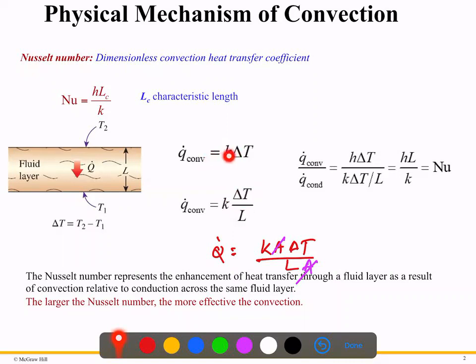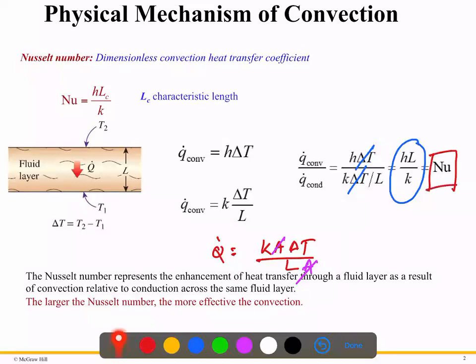Similarly for the convection, from the previous slide, you just calculate the ratio of convection and conduction. You can cancel out the delta T and delta T, so it will be h L over k, the thermal conductivity. This is called the Nusselt number.